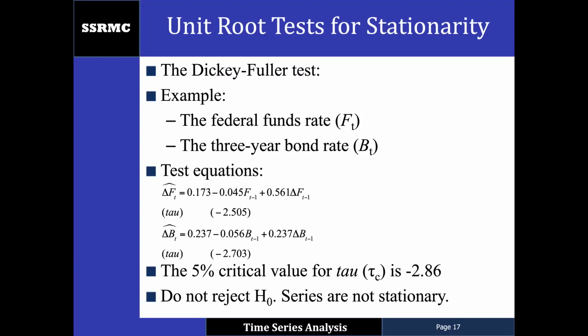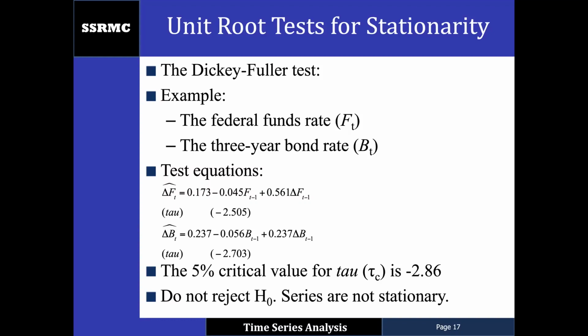Let's use one example to demonstrate how to perform the test. So we use the federal funds rate and the 3 years bond rate as examples. And the test equations are given on the slide because, based on the time series charts that we examined before, both of them seem to wander around a non-zero mean, but it's not clear that there is a linear trend.